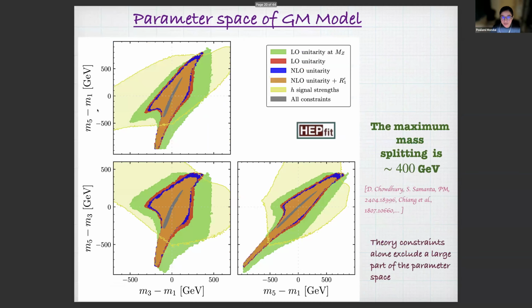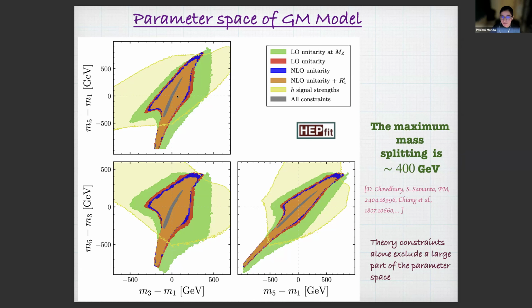So now we try to look into the main observable, which is the mass parameters of the model. We put the unitarity constraints, the bounded-from-below constraints are already included with the unitarity constraints, and then include the Higgs signal strength, and finally we did a combined fit and looked into the allowed parameter space from the combined fit.